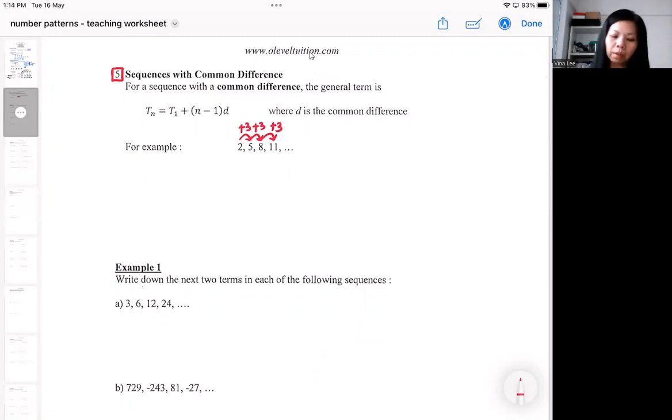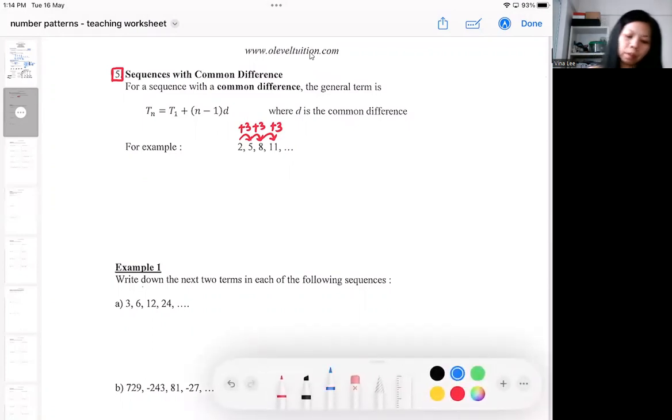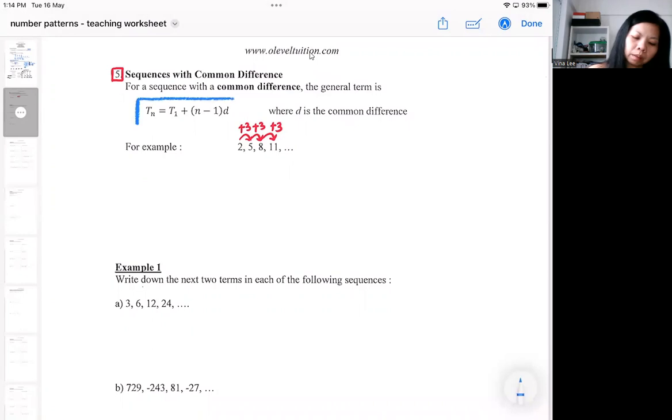So in such a case, there is something you need to take note of. You will need to learn this formula. This is how you get the general formula for common difference.